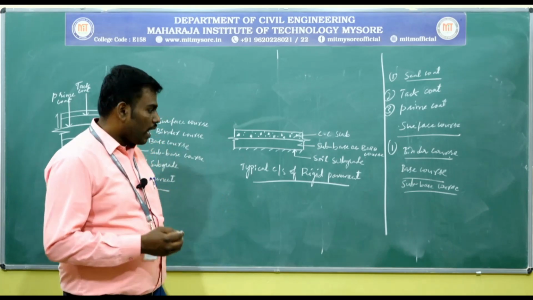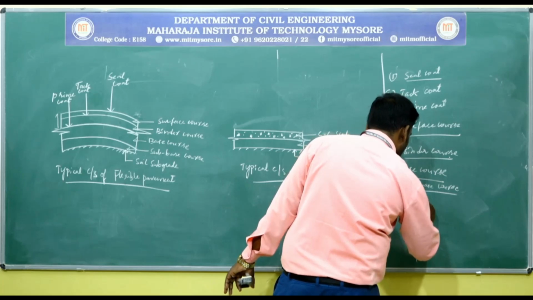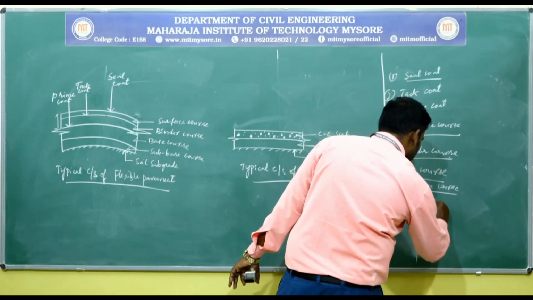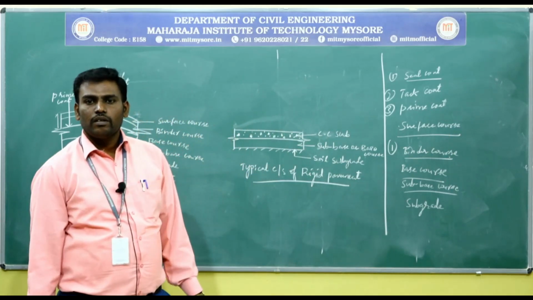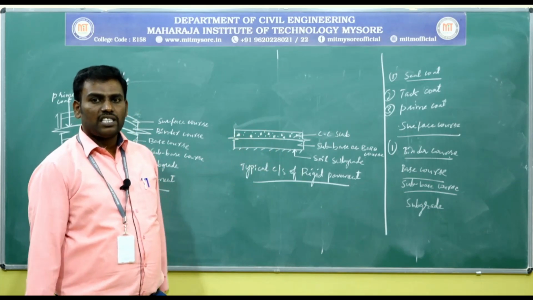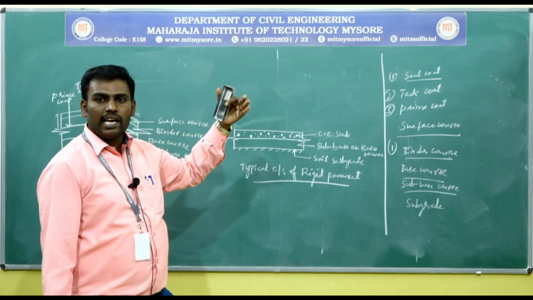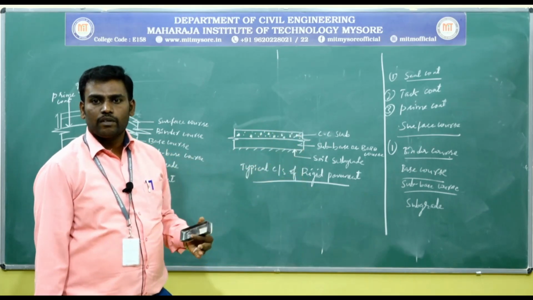Is it clear? Okay, and the last layer is the subgrade, that is the soil subgrade. Whatever stresses are coming from all the layers above the soil subgrade will be withstood by it.